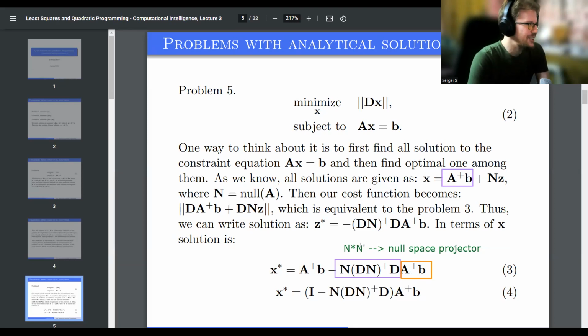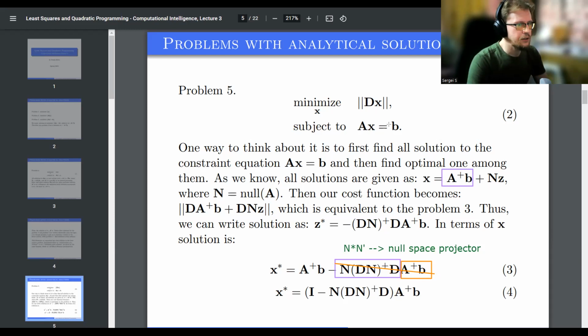Well, the answer is very simple. The answer would be 0. So if D is identity, this whole thing will be 0. That's what was going to happen. And indeed, we get back to where we came from. Okay, that is one way to think about it.